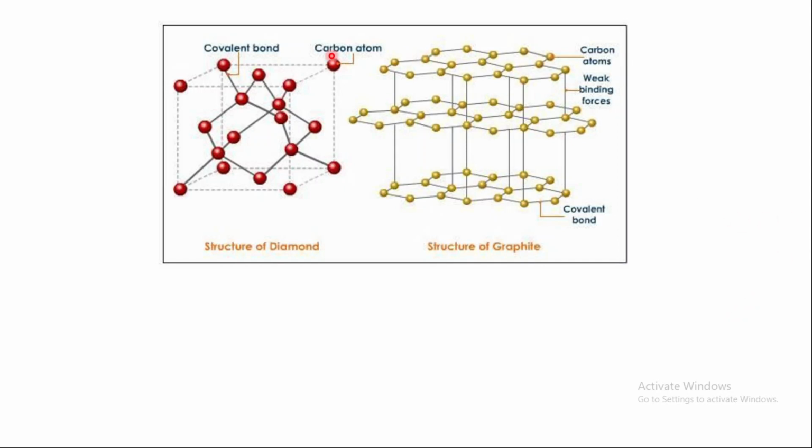So this is a representation of the internal structure of a diamond and a graphite. Both diamond and graphite are allotropes of carbon, so they are all constituted of carbon atoms. You see the beauty of nature. Diamond is totally bright, a gemstone, transparent, reflects light, total internally reflects.